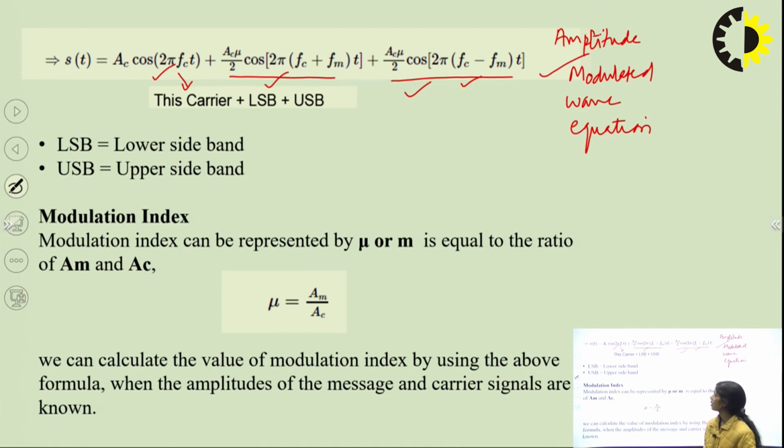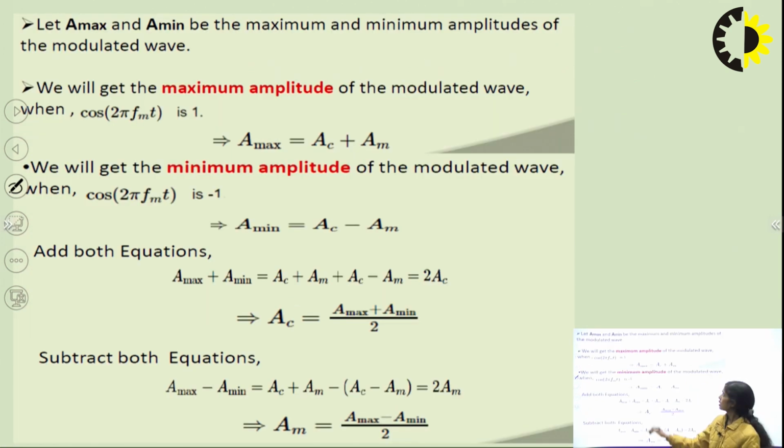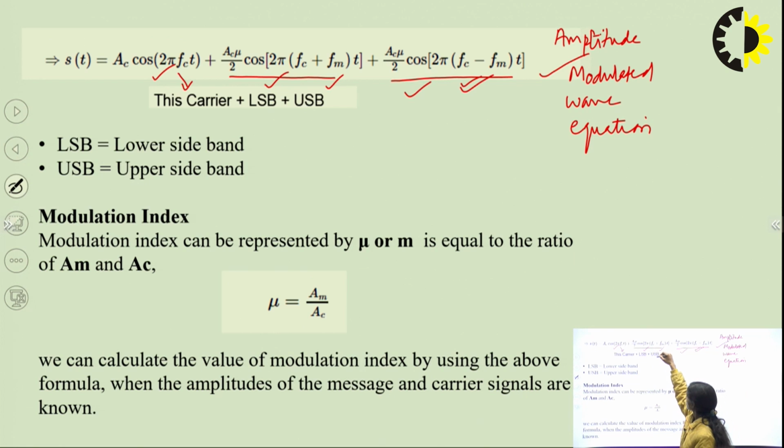If we plot this as a frequency spectrum, we have one upper frequency component and one lower frequency component. The upper frequency component is called the upper sideband, and the lower frequency component is called the lower sideband. So we can say the modulated equation has 3 parts: carrier part, lower sideband and upper sideband.